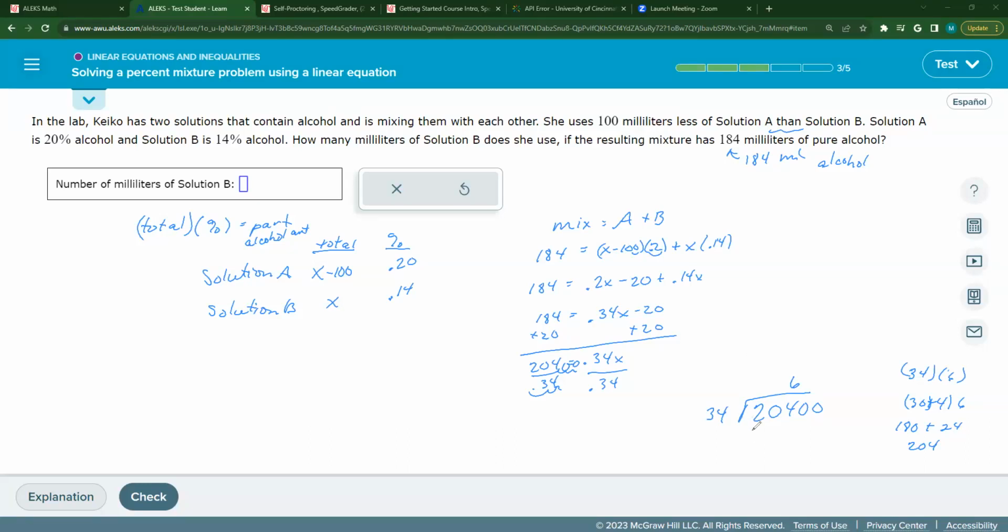All right, so it goes in there 6 times exactly. And then we have to finish because that goes over the 4, so 600. So the number of milliliters, so X equals 600.